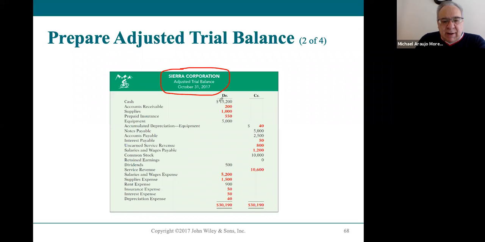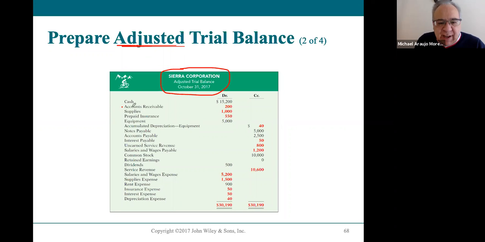Well, the accounts that have numbers that are still in black print are accounts that have not been affected by the adjustment process. But all the accounts whose numbers are in red here went through that adjustment process in learning objective 2 and 3. So you can figure it out simply by looking at what account's affected and knowing the adjusting entry.